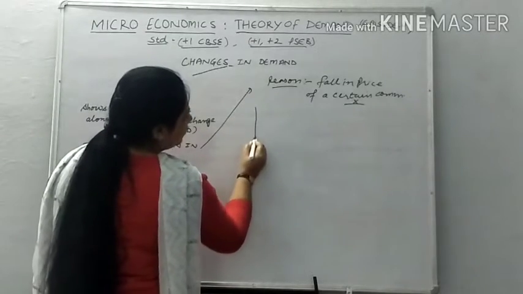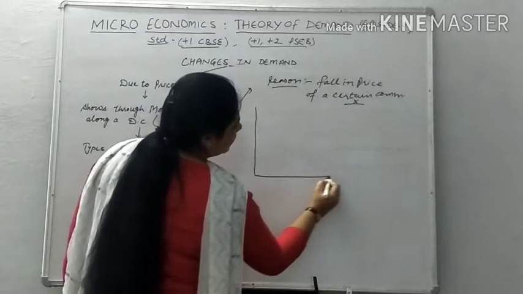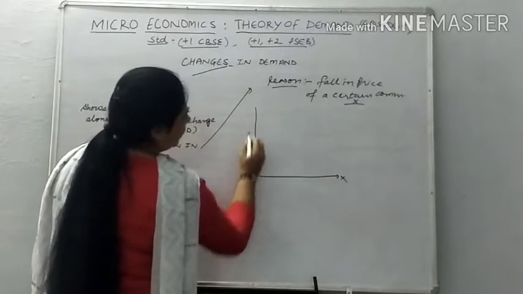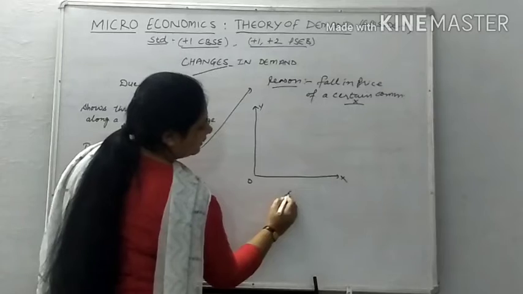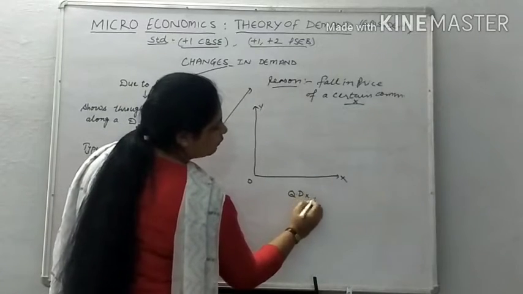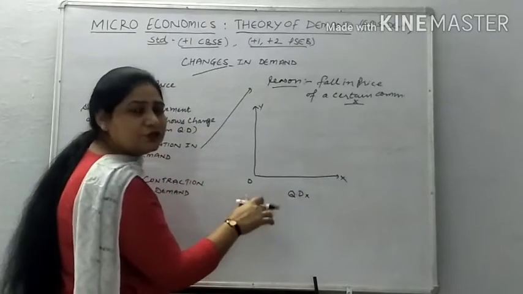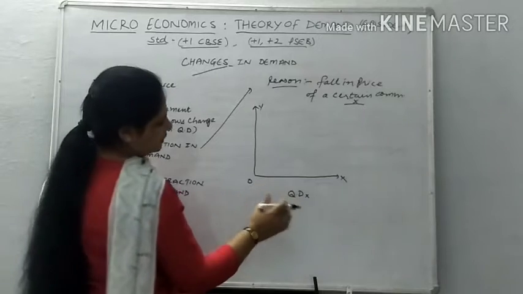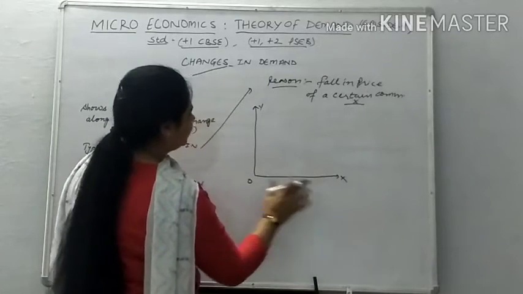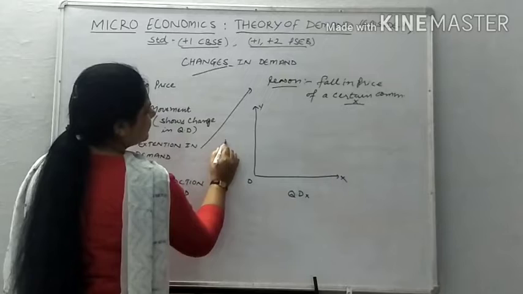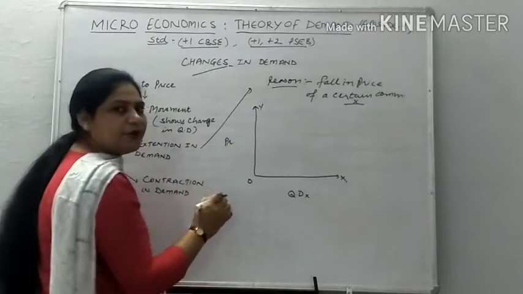We can show this through a figure. Students, I am taking quantity demanded, meaning whatever quantity of commodity X the consumer is going to purchase, on the X axis, and on the Y axis I am showing price per unit.